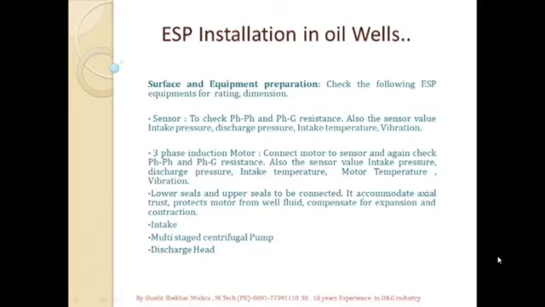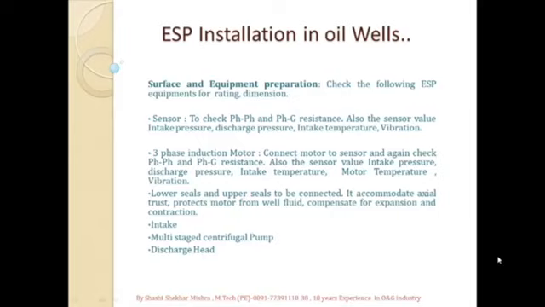Once the well is prepared and we have taken all the well control precautions, before running in we have to do inspection of all equipment for rating and physical condition, and measure the dimensions like length and OD of the equipment.